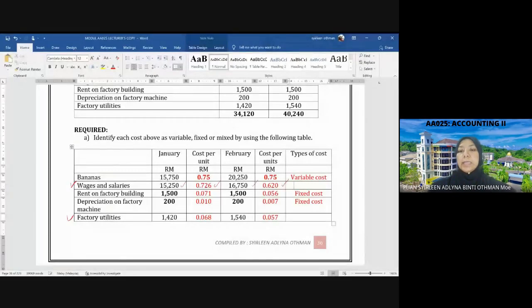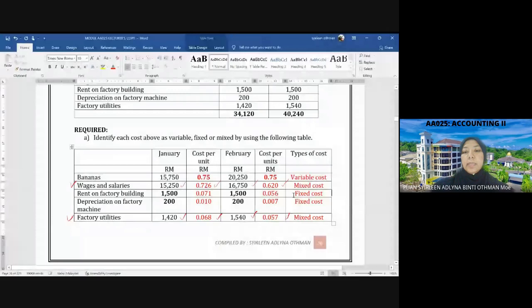Itu ialah ciri-ciri mixed cost. Sama juga dengan factory utilities. Total tak sama, per unit pun tak sama. So ini ialah ciri mixed cost. So this is how I determine my fixed, mixed and variable cost.